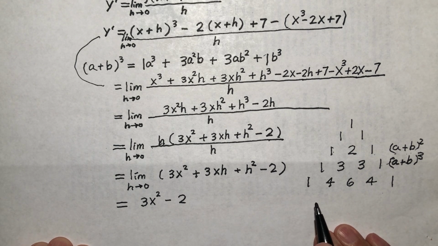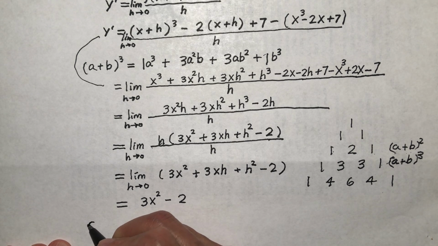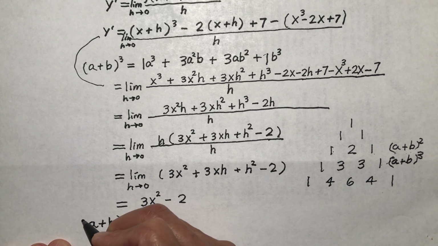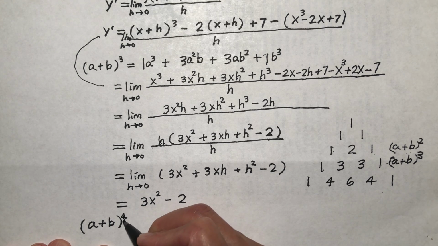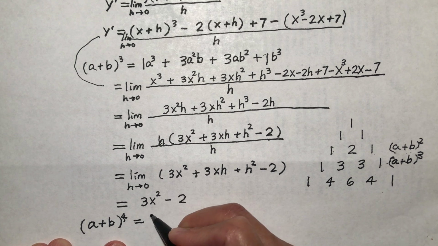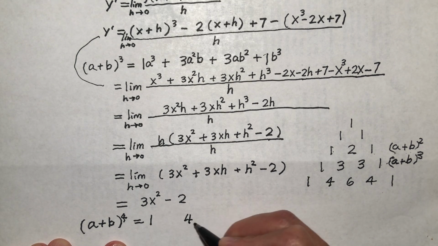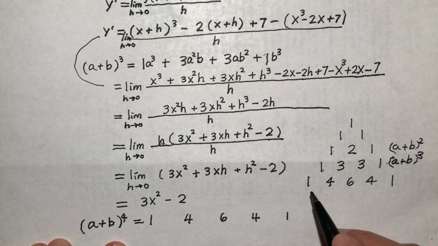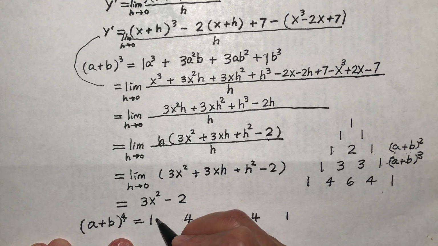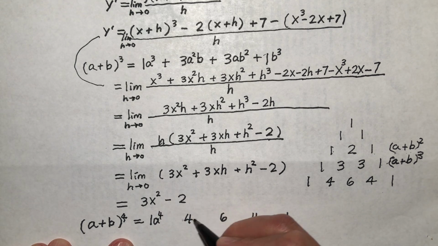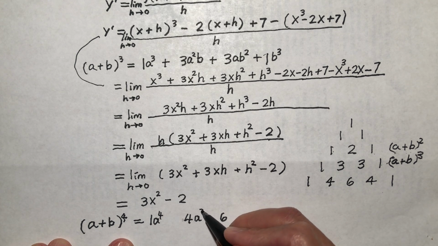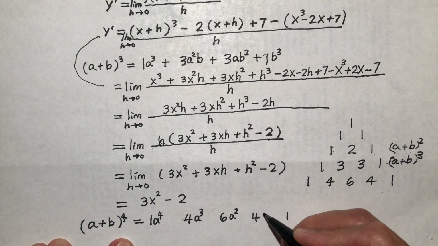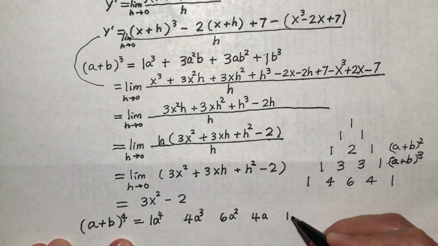What does this tell us? This tells me a formula. a plus b to the power 4 is 1, 4, 6, 4, 1. And you put a to the power 4 here, and then a to the power 3 here, and then a to the power 2 here, and then you have a only, and no a.